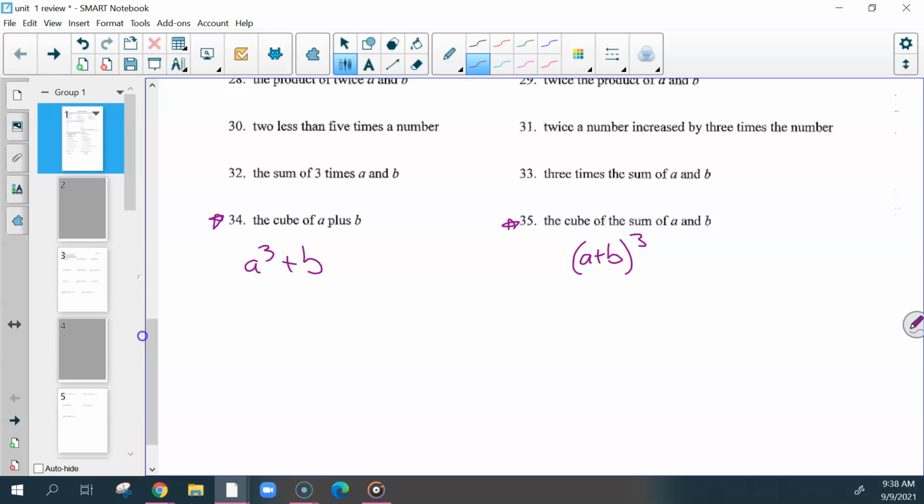So notice that these two things are different. One is saying the cube of just one and adding something else. The other is saying I'm adding both and taking the cube of both. So translating. Can you do it from words? Can you do it from expressions?